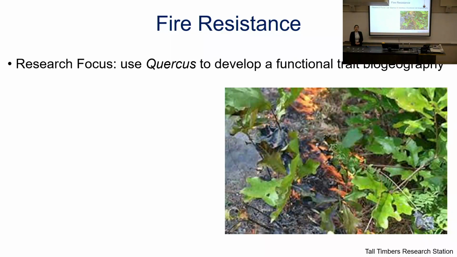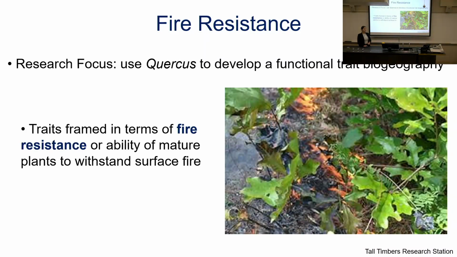So today during my talk, I'm going to mention the term fire resistance quite a lot, so I want to get everyone familiar with this term. To start off, my research focus is to use this model clade of Quercus to develop a functional trait biogeography. So be able to look at the variation of traits that we see within this clade, and spatially map it across the US.